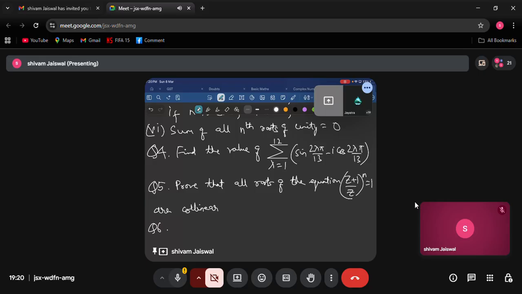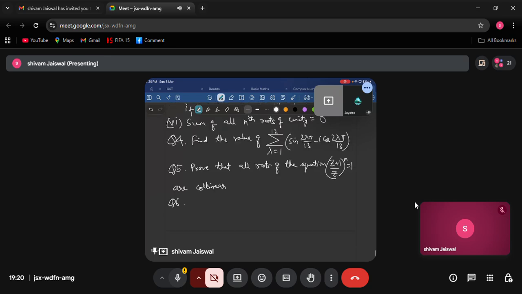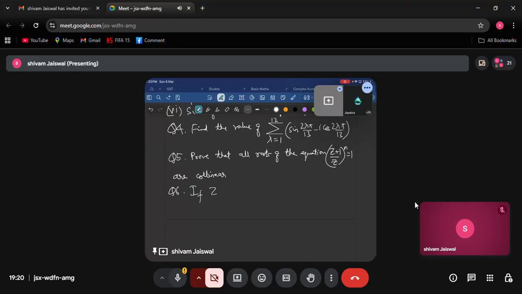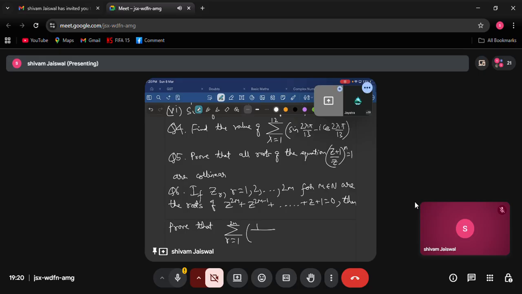Question number 6. If z r, for r equal to 1 up to 2n, where n belongs to natural numbers, are the roots of z to the power 2n plus z to the power 2n minus 1 plus dot dot dot plus z plus 1 equal to 0, then prove that summation of r equal to 1 to 2n of 1 upon z r minus 1 is equal to minus n.